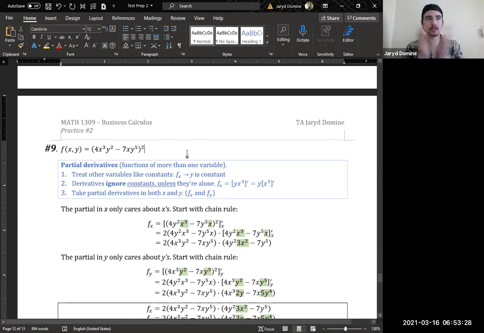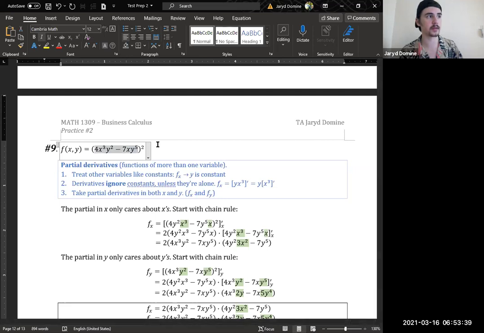If you were just looking at this like it was a single variable problem, you'd notice that there's a square on the outside, and then there's something inside of it. So we have a function inside of a function. That's the chain rule, and we're going to be using that just like normal.